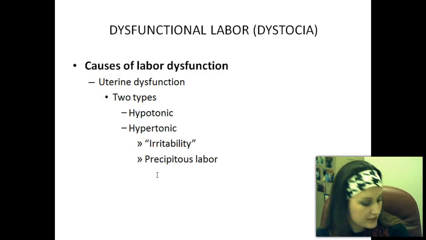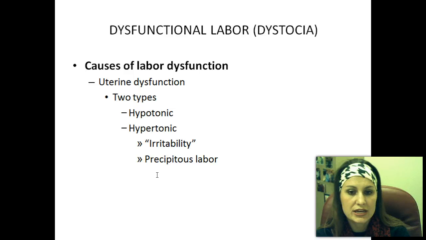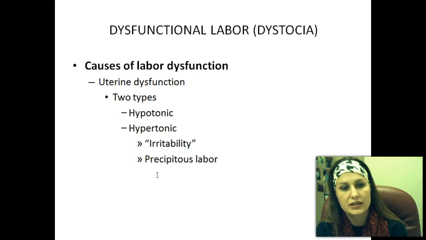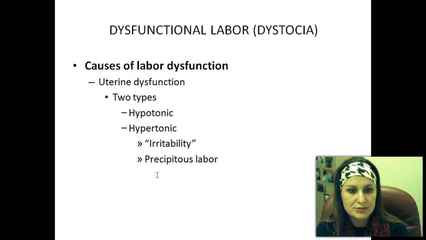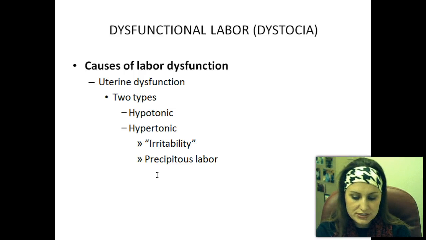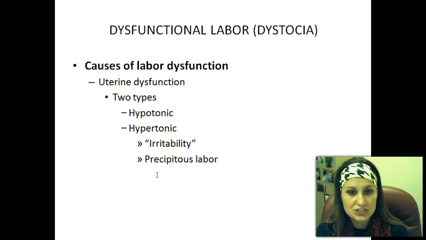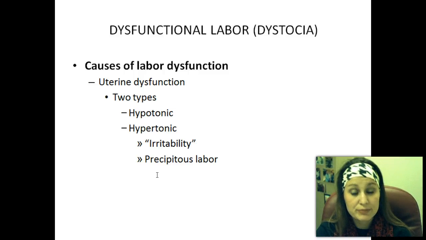Okay, so there are different causes of labor dysfunction, and for uterine dysfunction, there are 2 different types. You have hypotonic, where the contractions start, but they're not sufficient to carry the labor on. They don't promote cervical dilation. Or you have hypertonic, which is frequent contractions, but they're ineffective, they're not strong enough.